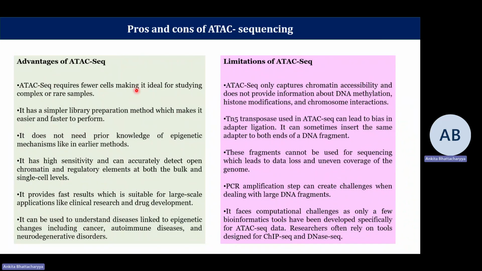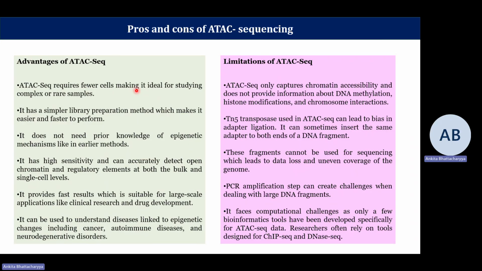ATAC-seq requires a much smaller number of cells, making it a great strategy for rare or less abundant samples. Then you have a simpler library preparation method, making it much easier and much faster to perform. No prior knowledge of epigenetic mechanisms is required.